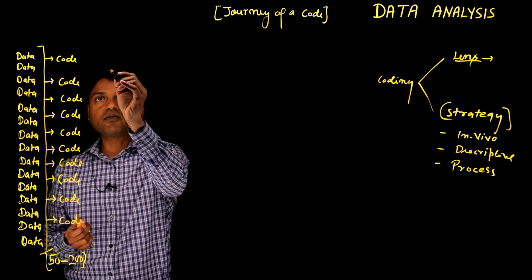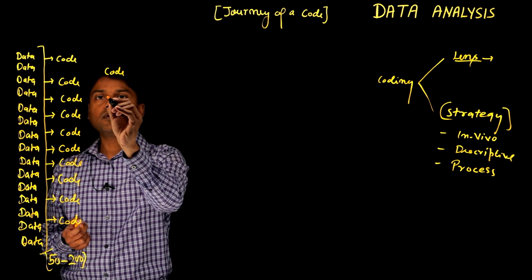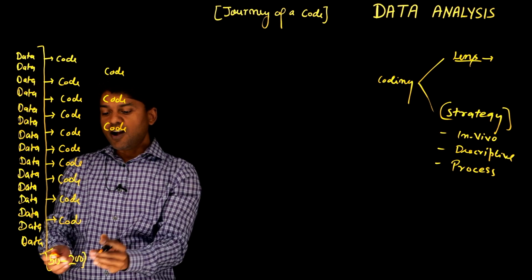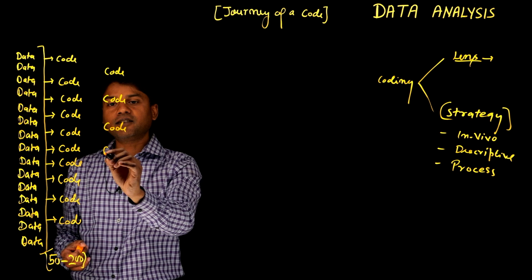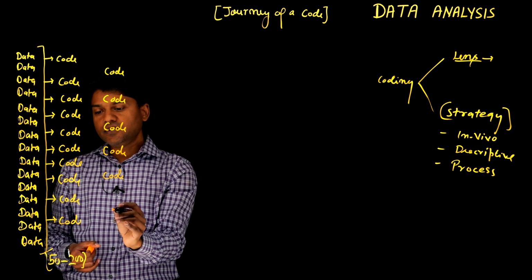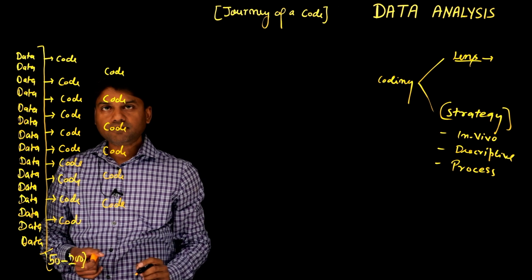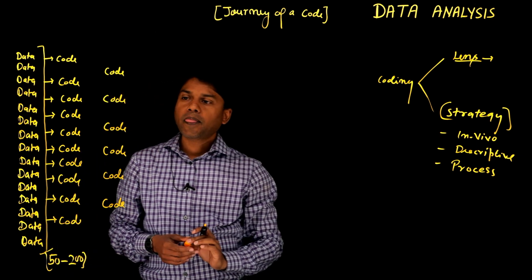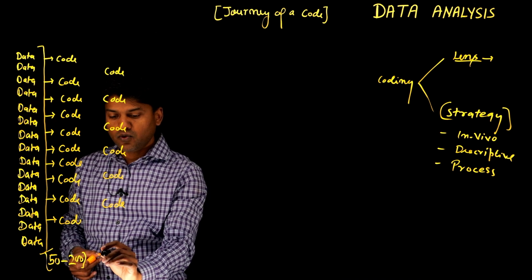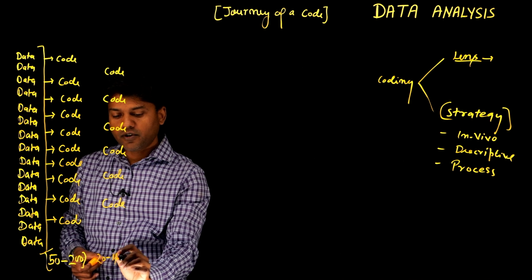So in the second round, you come up with fewer codes, obviously not 50 to 200, because you have merged these codes which are similar in nature. Now you have a smaller number of codes, so let's say somewhere between 20 to 40 codes.